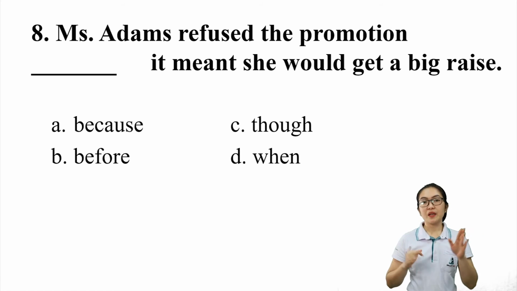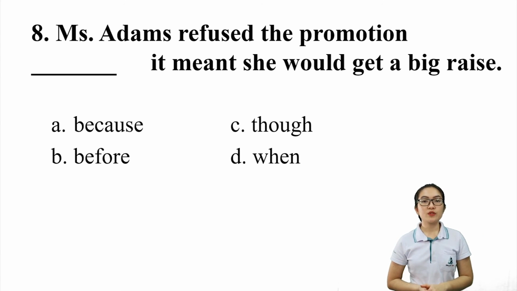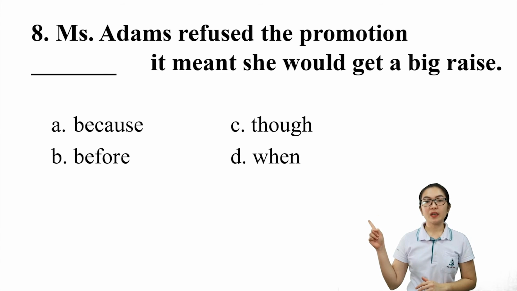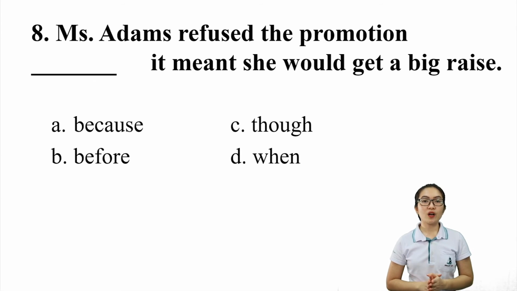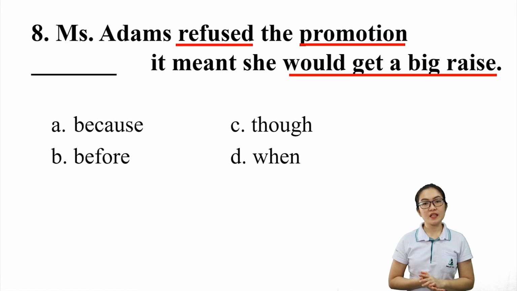Number 8. Miss Adams refused the promotion, blank it meant she would get a big raise. A. Because. B. Before. C. Though. Or D. When. Here, the first clause suggests a negative idea because of the phrase refused, wherein promotion actually means getting a big raise in salary, which is positive.